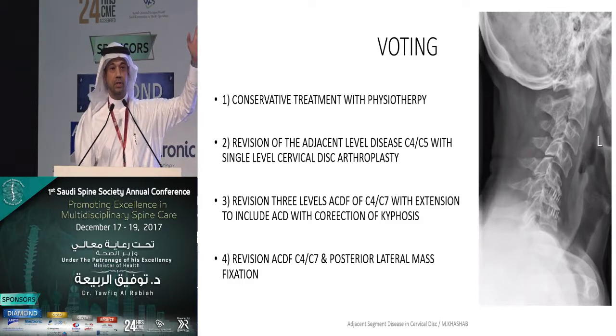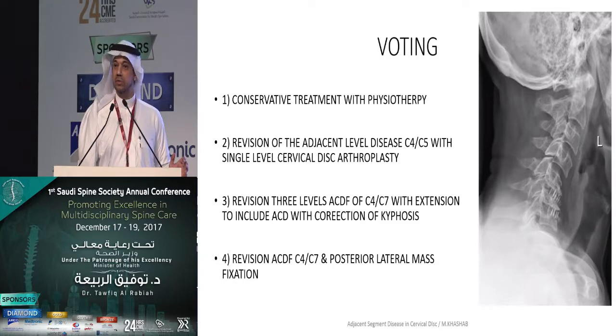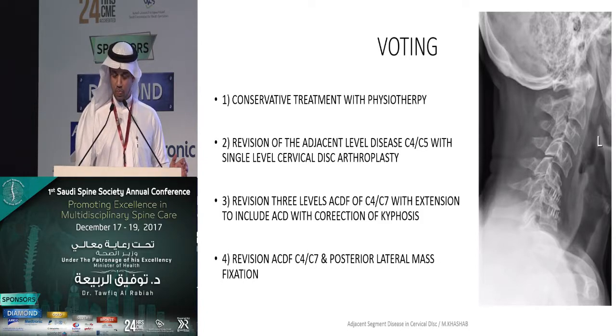Can you show hands? It seems to be about 20. And the last option, combined anterior and posterior. Great, that is more, about 20 maybe. So we will go more with the last 2 options.